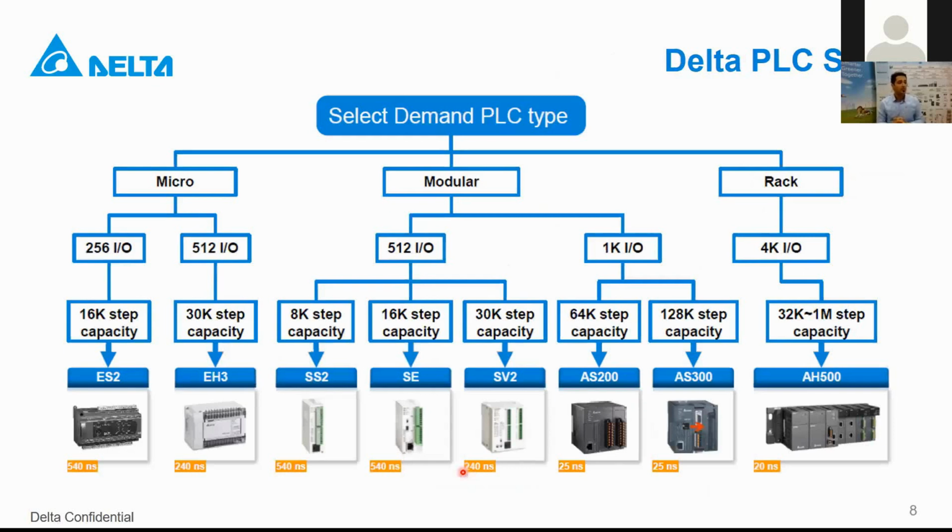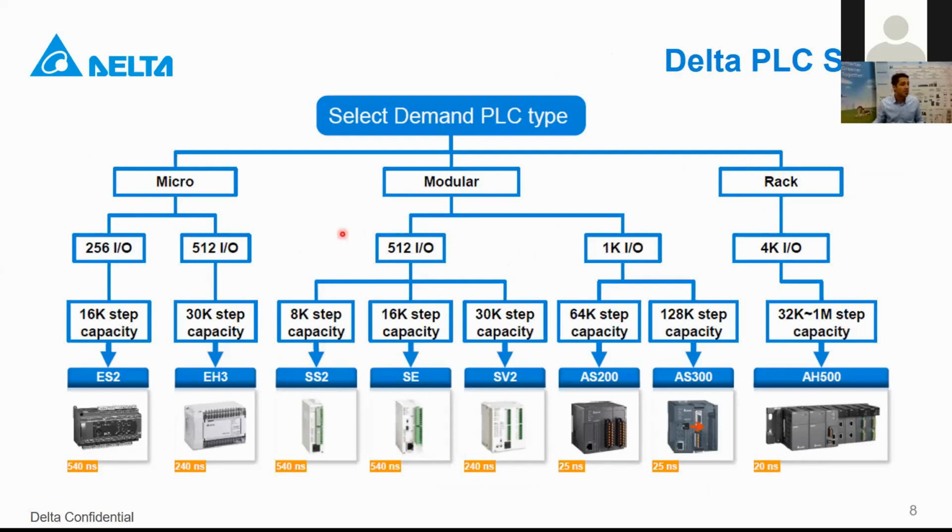But these are just families, and there are many sub-models, so it is sometimes quite difficult to choose which CPU is right for my application. This scheme shows more or less how we can decide which PLC series to go with. Here you can see we can categorize as micro, modular, and rack.